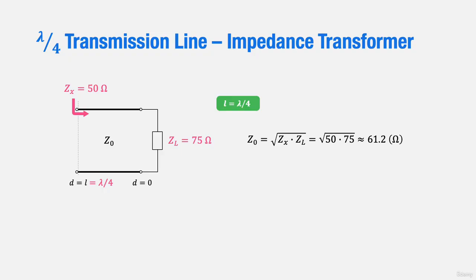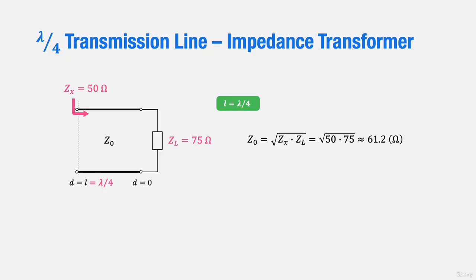In that case, we can use an impedance converter to convert the load impedance from 75 ohm to 50 ohm. To accomplish this, we can employ a quarter-wave line and design its line impedance as 61.2 ohm, that is the square root of 50 times 75.